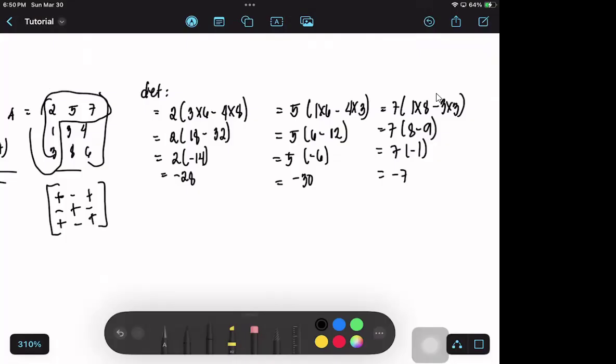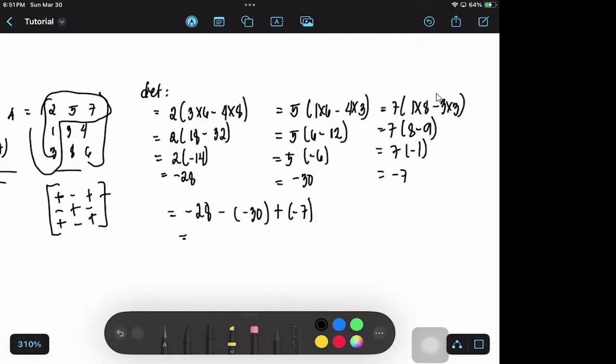Since we are using the first row, it will be negative 28, minus the negative 30, plus negative 7. Let me just grab a calculator so that I can determine that quickly.